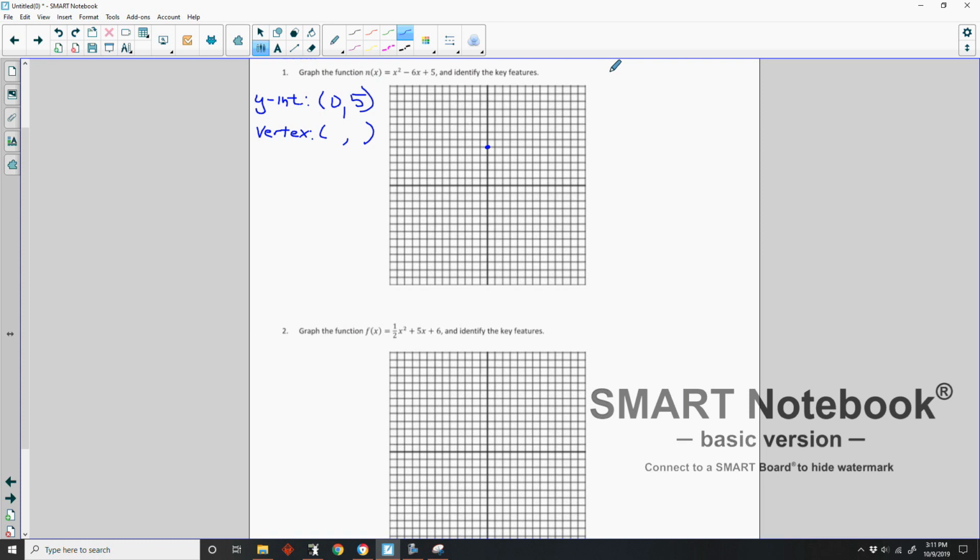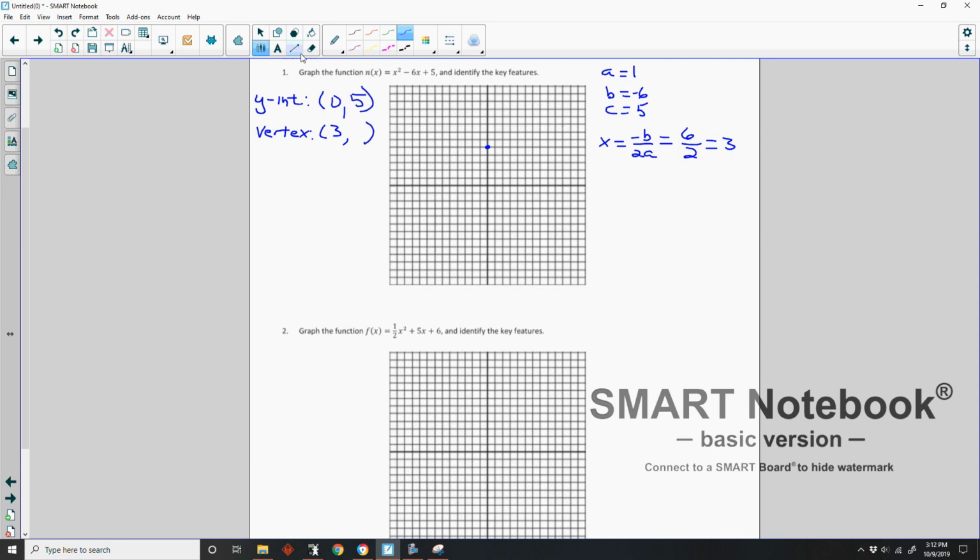The leading coefficient is a 1. B equals negative 6, and my c, my constant, was 5. So x equals negative b over 2a equals negative negative 6, which is 6, over 2 times 1, which is 2. So my x value is 3.